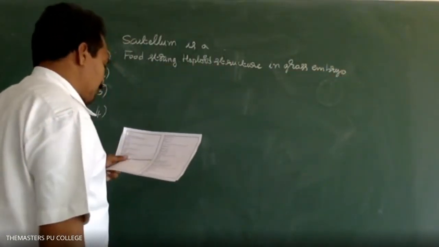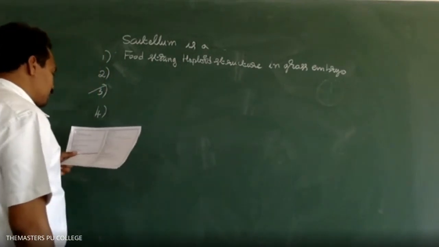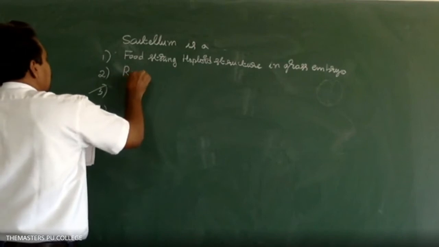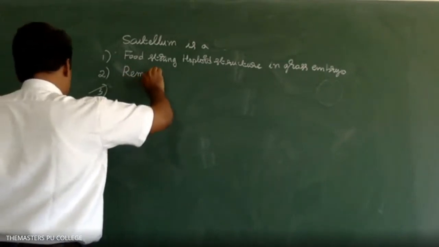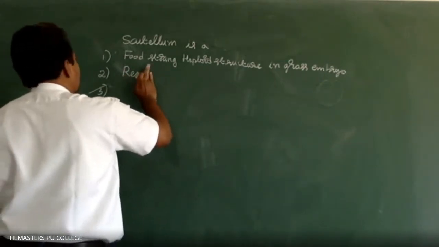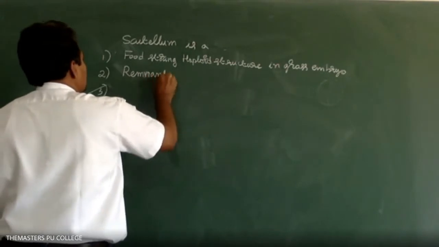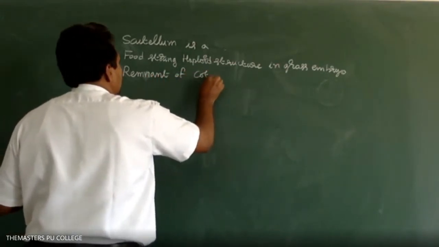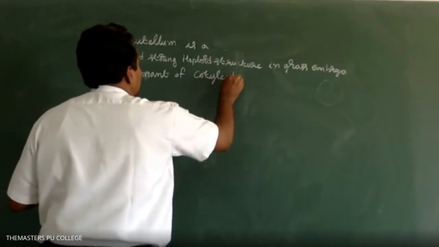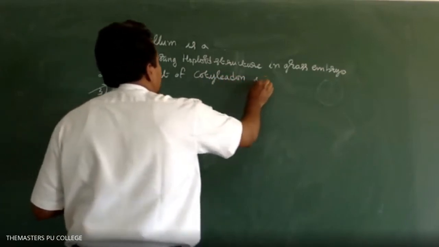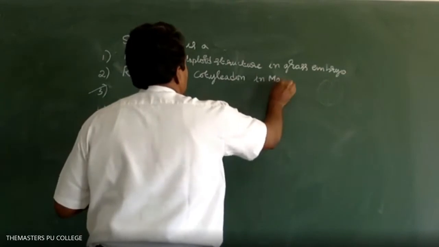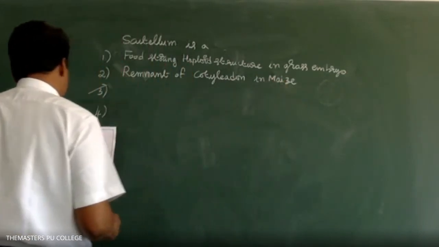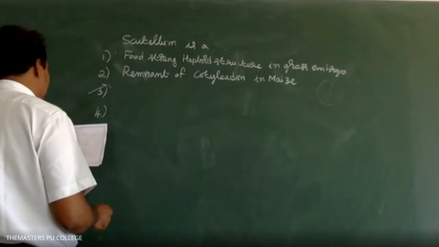Right. The second option, remnant of cotyledon in maize. Third option, shield-shaped single cotyledon.